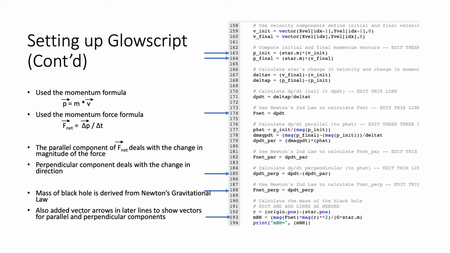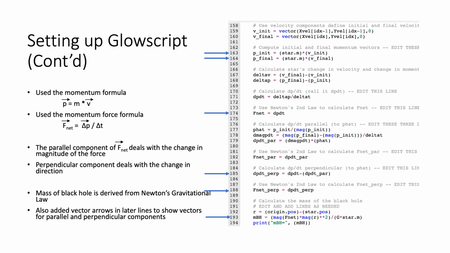We know that the parallel components deal with the change in the magnitude and the perpendicular components deal with the change in direction. So I was able to calculate these in lines 177, 178, and 179, and then input these finally into lines 182, 185, and 188 as the net force parallel and the net force perpendicular.